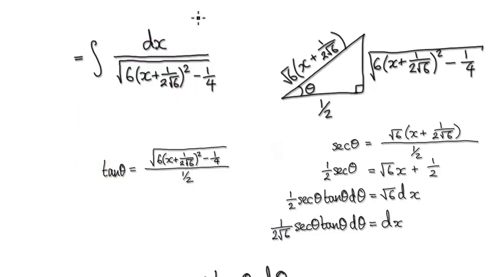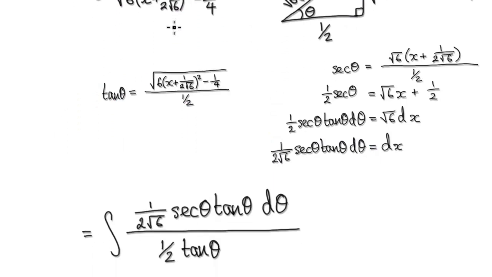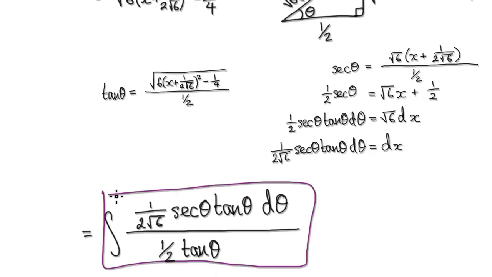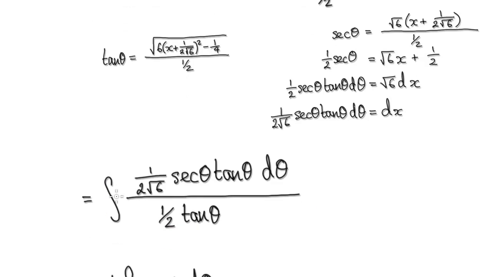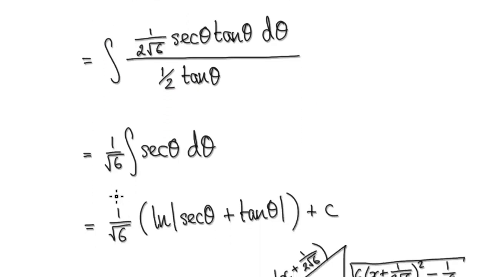Then the whole thing here will then become this. And then now hang on. So now imagine this as being a half times 1 over root 6. So you've got one block here times another block here.